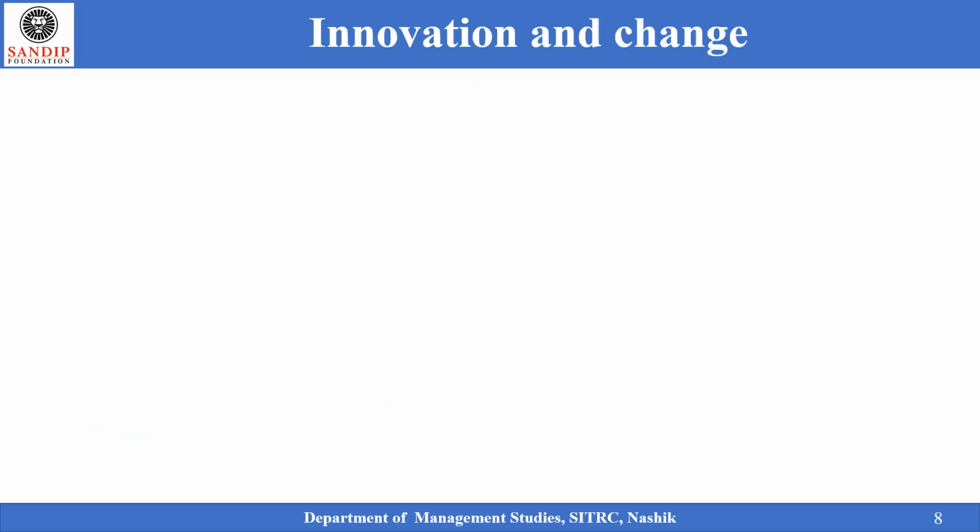The next basic function would be innovation and change. There are various changes which take place in the market, and based on that, innovation needs to be initiated in the organization.